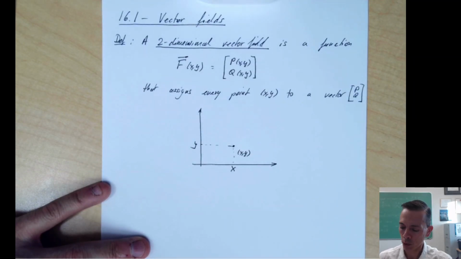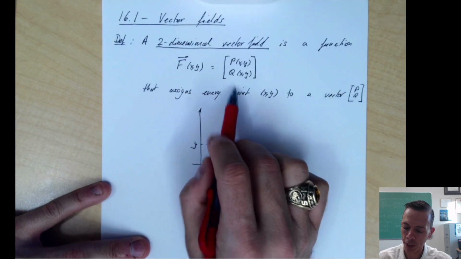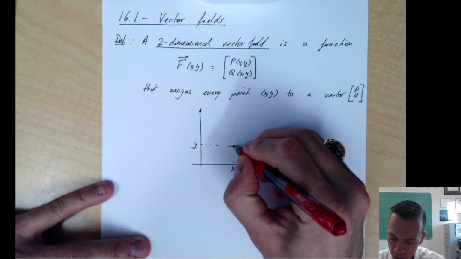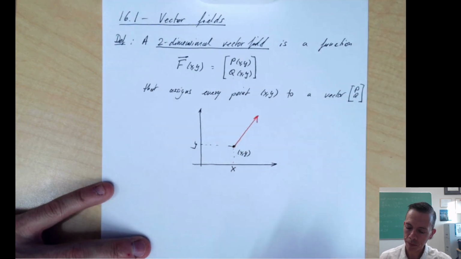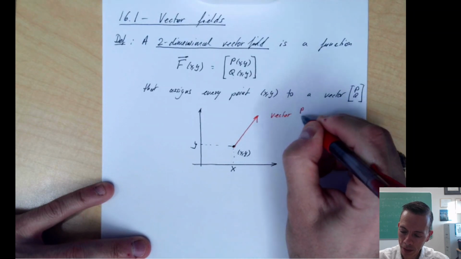This function is going to take this point as an input and is going to give as an output a vector whose components are p, q. So the vector may look like this, and this is the vector p, q.